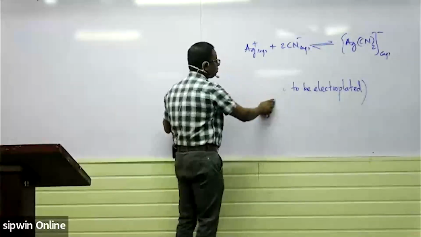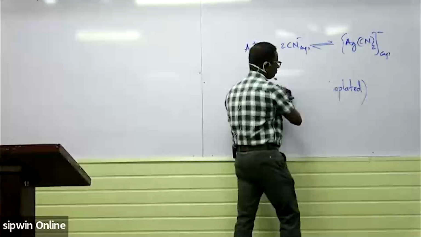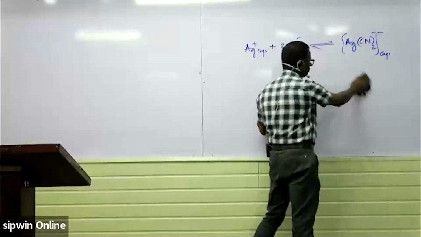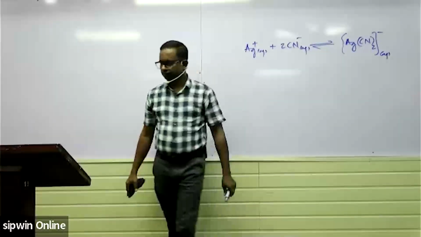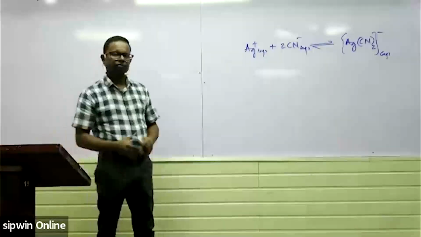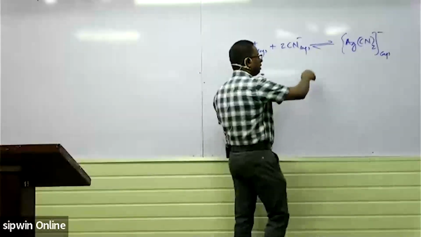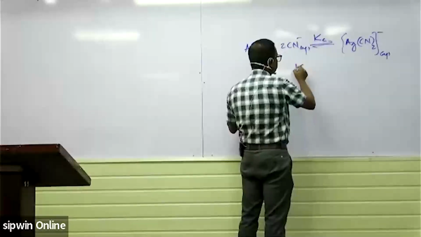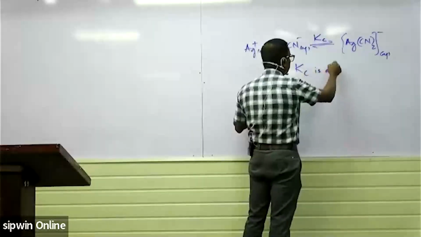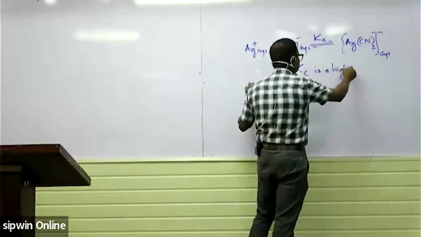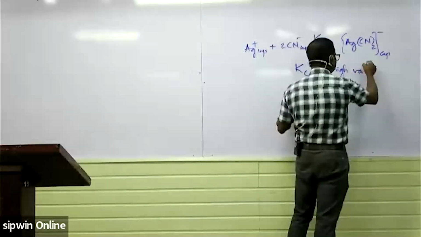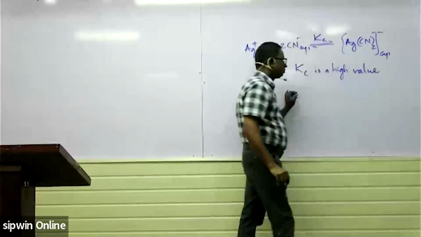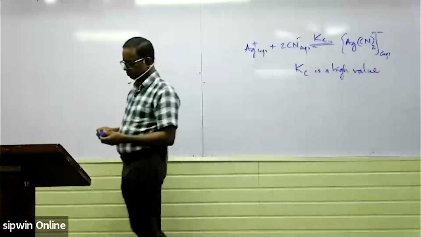Silver plus aqueous cyanide with that one. Kc is a high value.